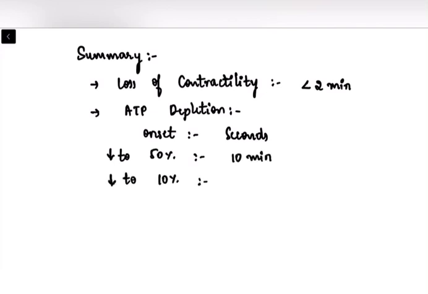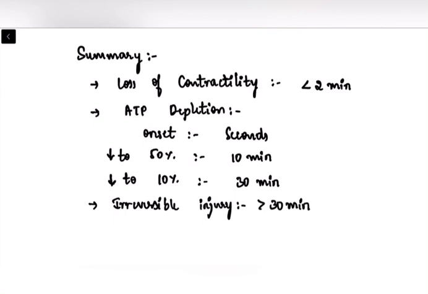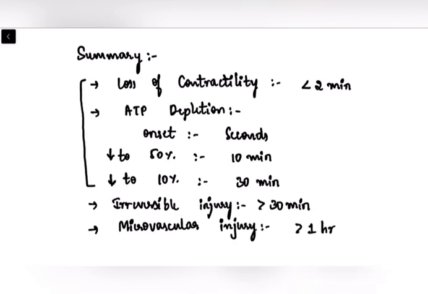If ischemia is more than 30 minutes, that leads to irreversible injury of myocytes and cardiac myocyte death. If it is more than 1 hour, that leads to microvascular injury. All the events that occur within 30 minutes are potentially reversible by reperfusion therapy.